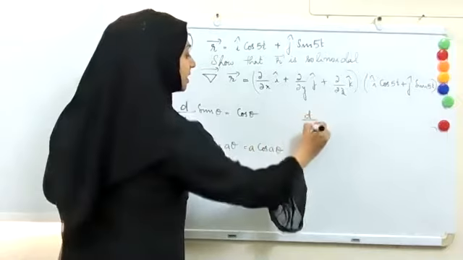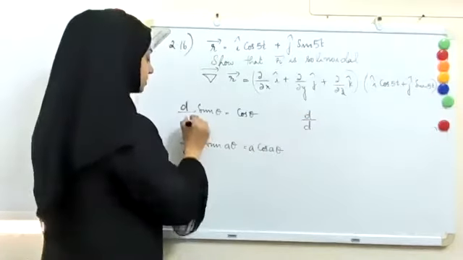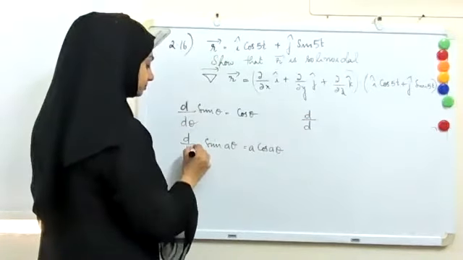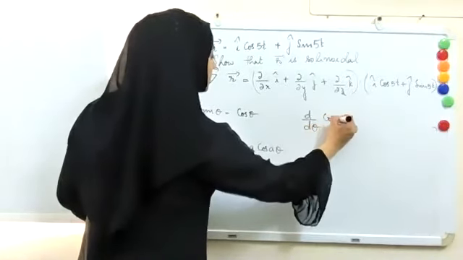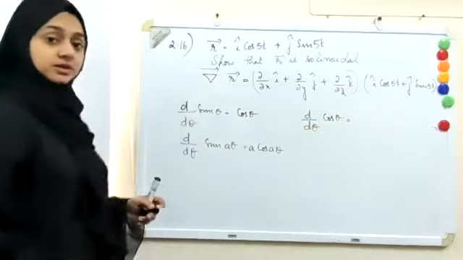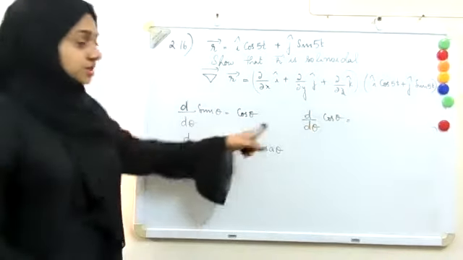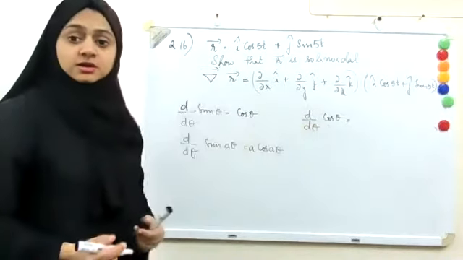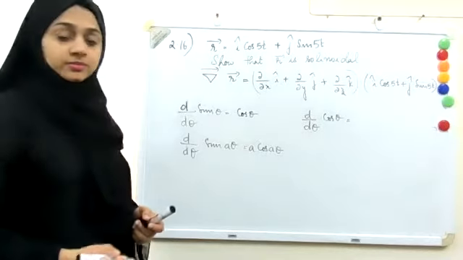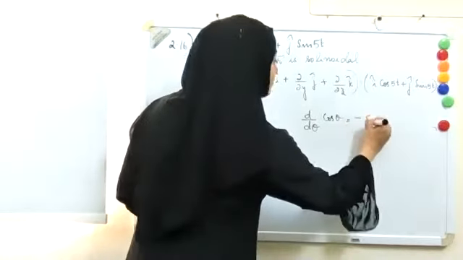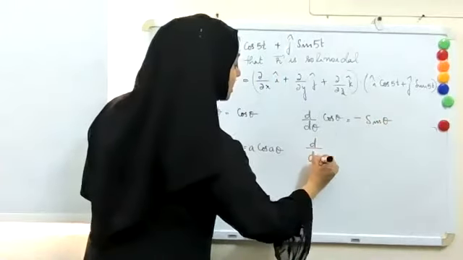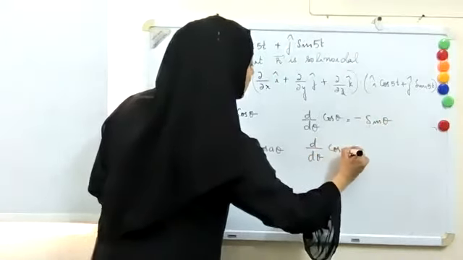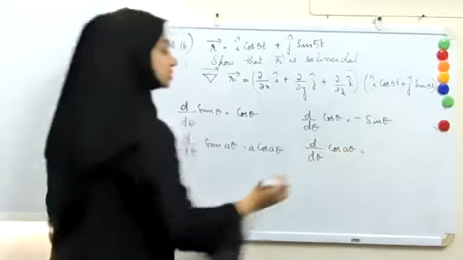And what is d by d theta of cos theta? You have to tell me. Minus sin theta. Yes, minus sin theta. And what is d by d theta of cos a theta, where a is a constant?